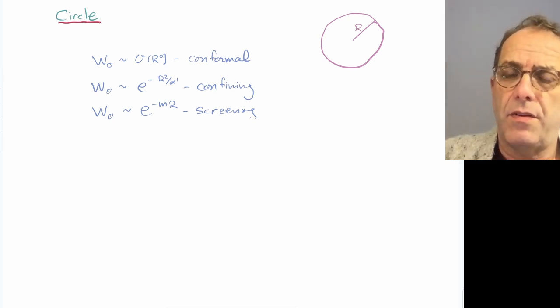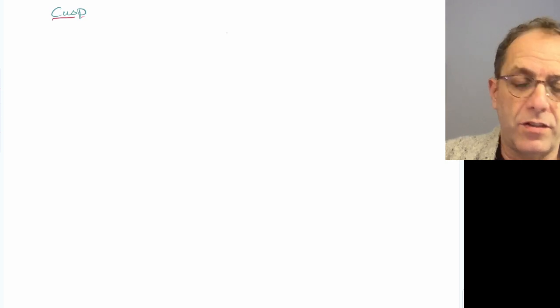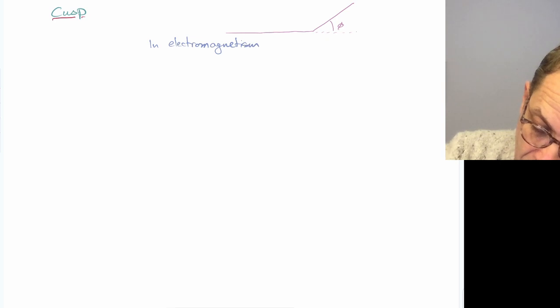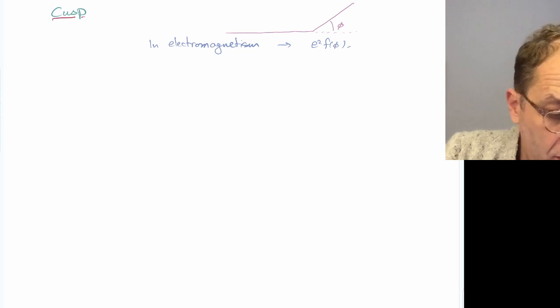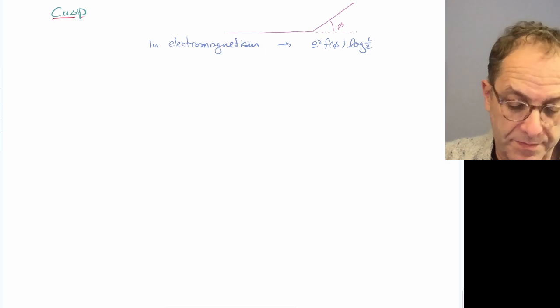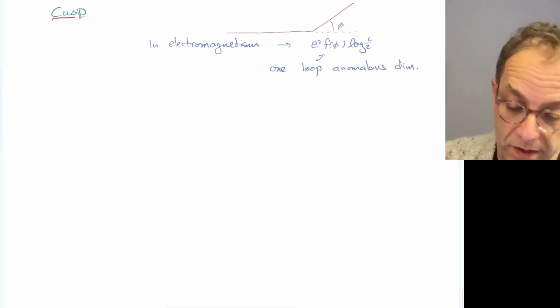The last example is a cusp, where in Maxwell theory we saw this anomaly, the logarithmic divergence. So this is the one loop anomalous dimension, and it really behaves like an anomalous dimension there in a conformal theory.